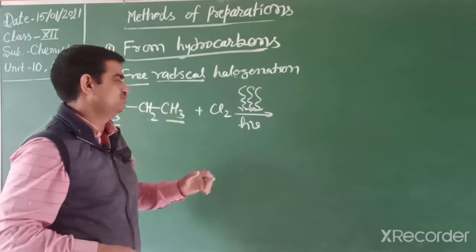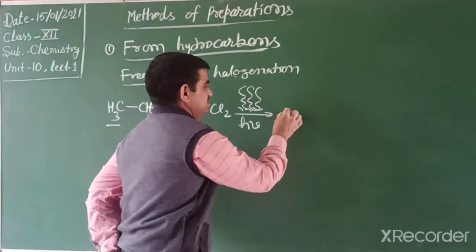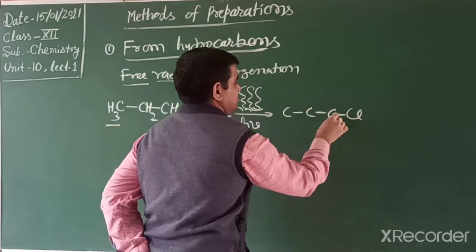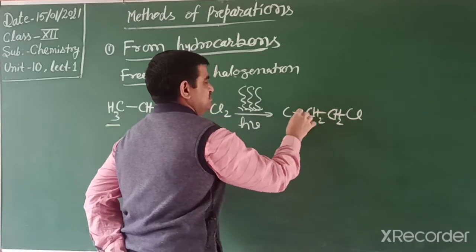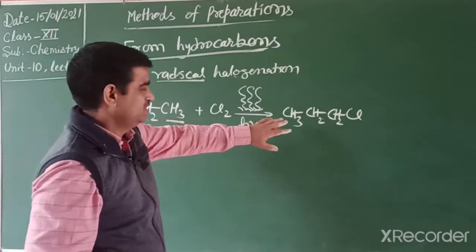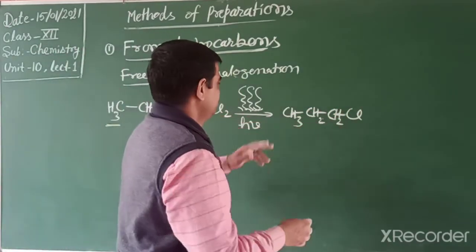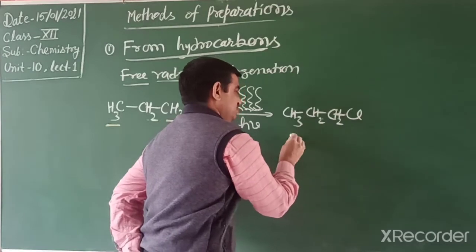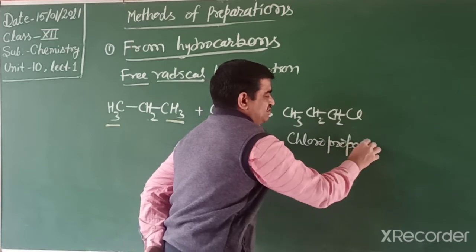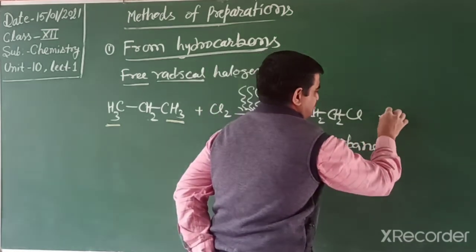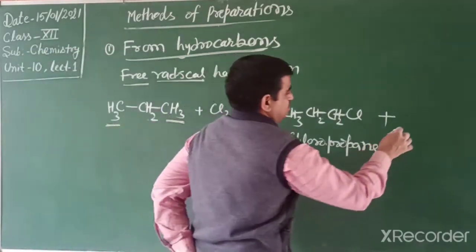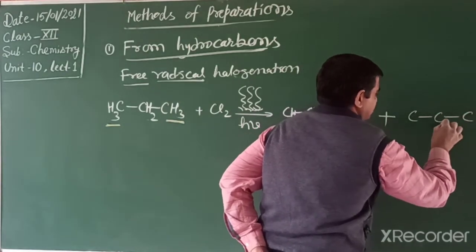If we remove any one of the 6 hydrogens, we get one product, 1-chloropropane. But if we remove one of these 2 hydrogens, then we get 2-chloropropane.